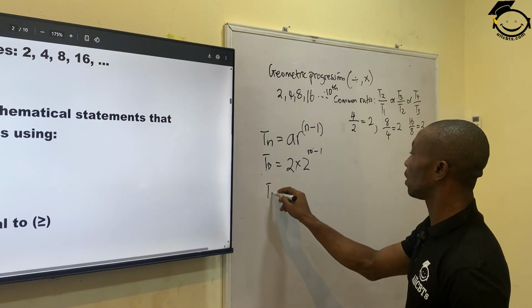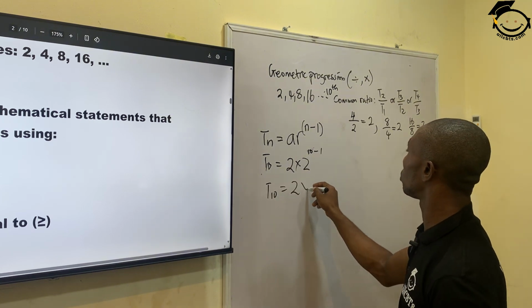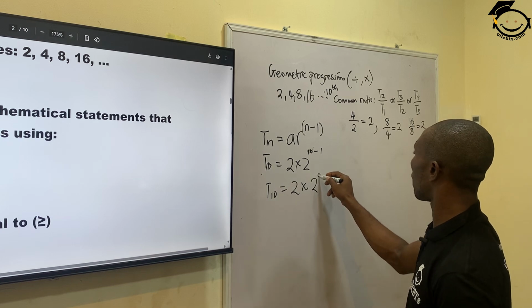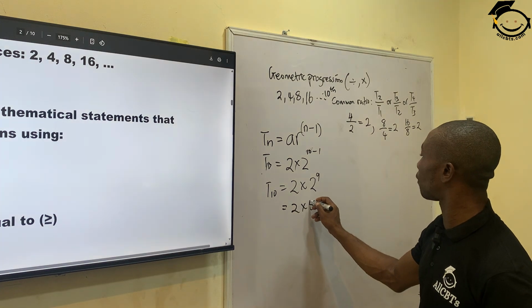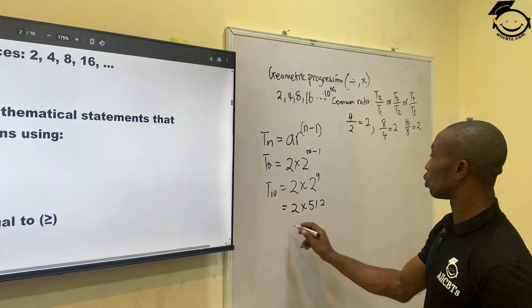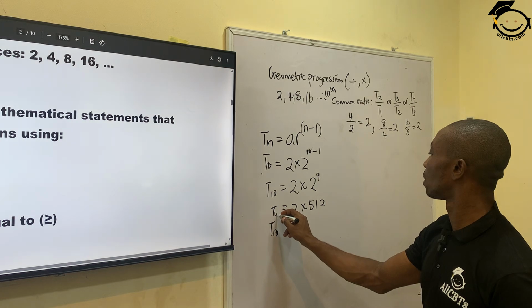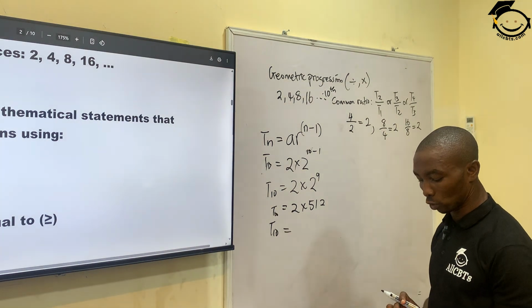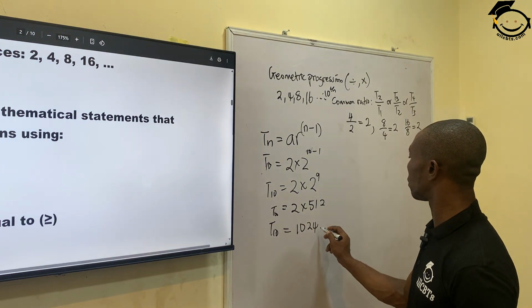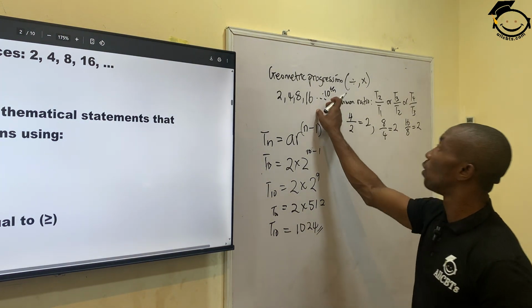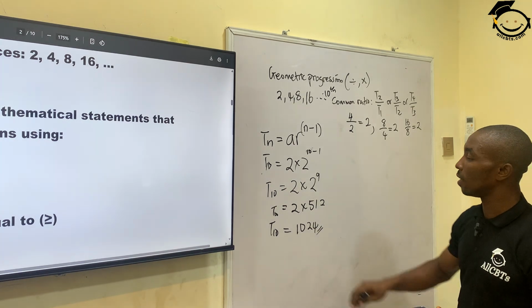So T10 equals 2 times 2 raised to the power 9. 2 raised to the power 9 gives us 512, so T10 is 512 times 2, which gives us 1024. So our 10th term for this sequence will be 1024.